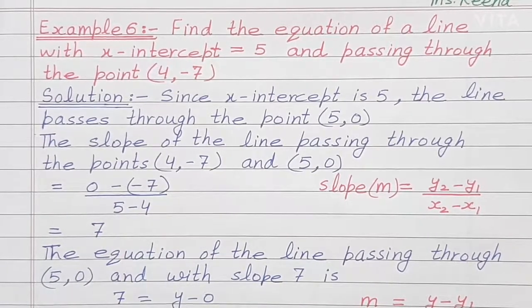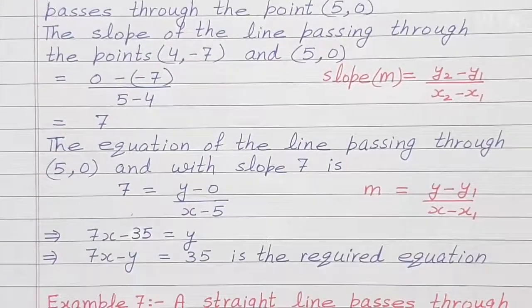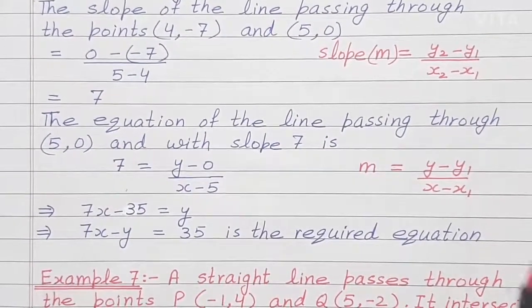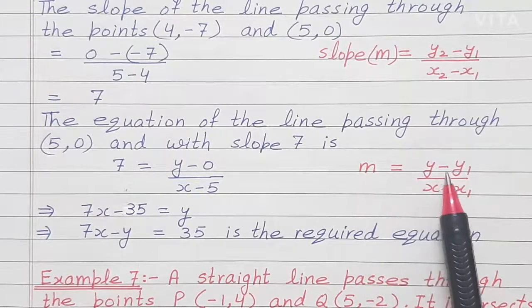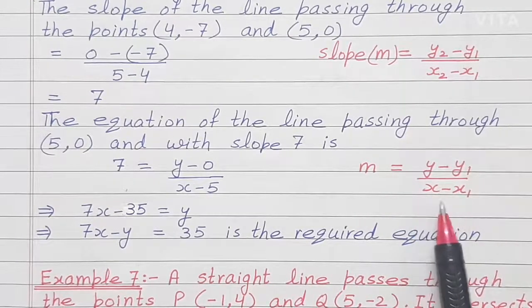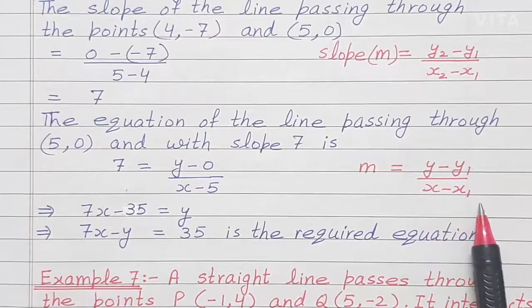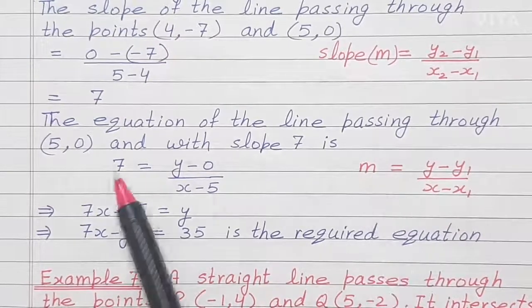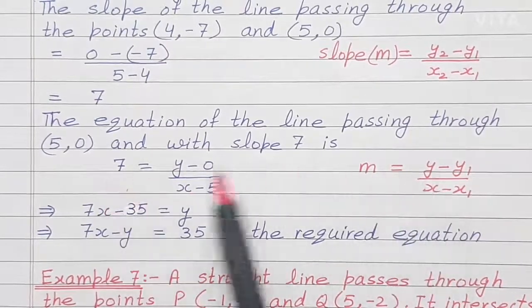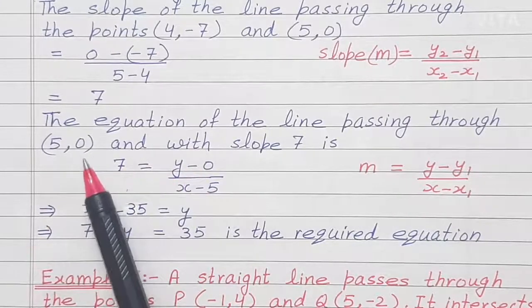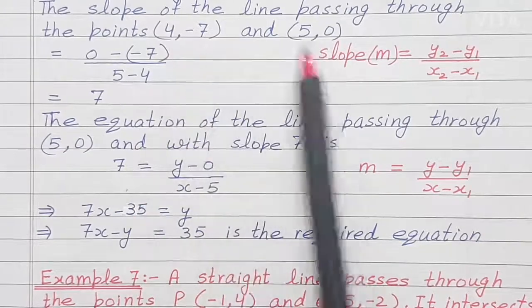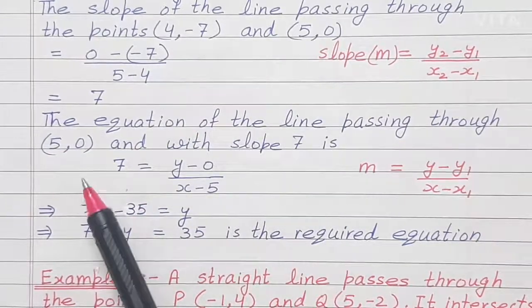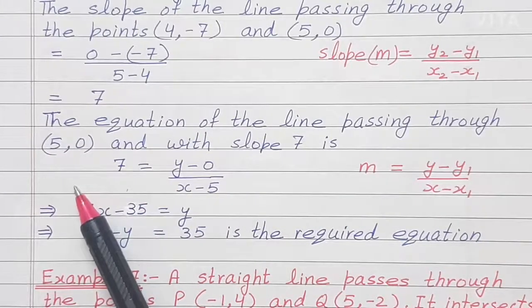Now let us apply the one-point form formula. That is m is equal to (y minus y1) upon (x minus x1). Now see, slope is 7 and we are using the coordinate (5, 0). Now students, since there are two coordinates, you can use either one here to find the equation.